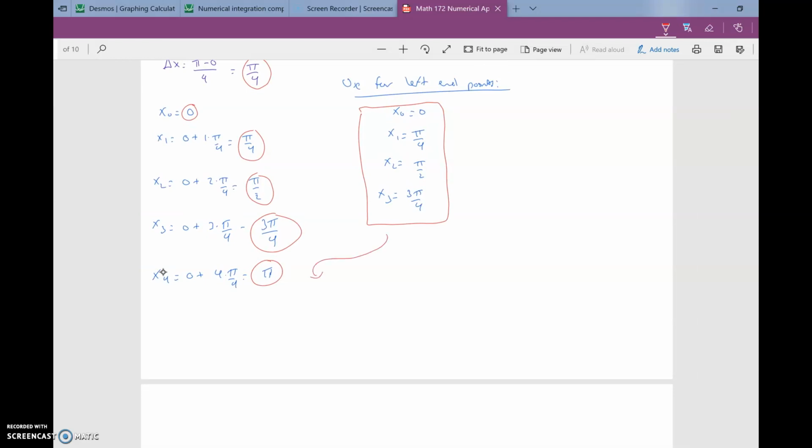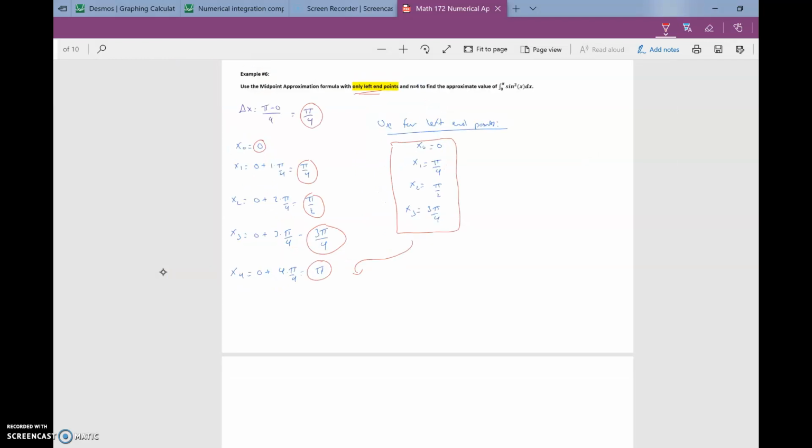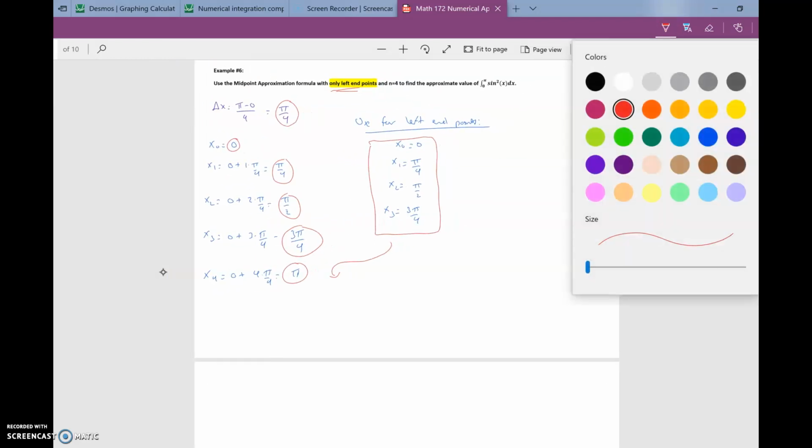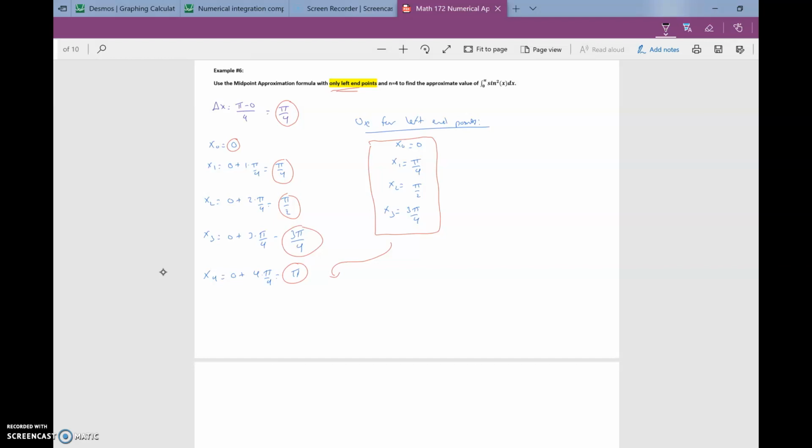So in this case, our approximation using the midpoint formula with n is equal to 4 and only left endpoints. And remember, left endpoints does not actually use the last one.